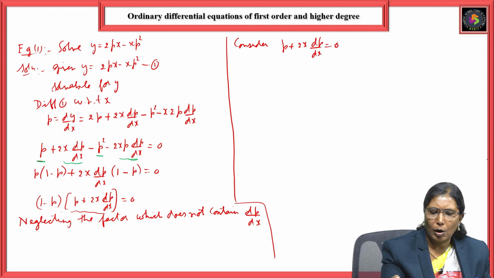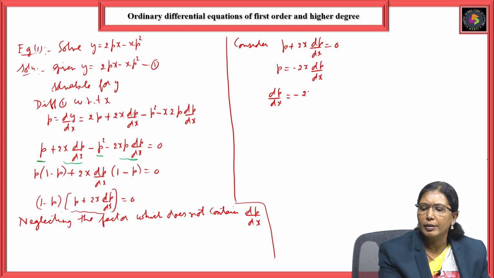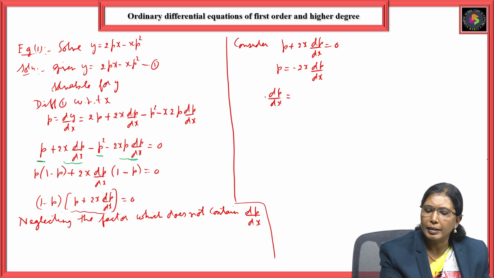Okay. So what must you do now? You should solve this. You can solve this by variable separable. So p is equal to minus 2x dp by dx. So dp by dx is equal to minus p by 2x. Cross multiply: 2 dp by p is equal to minus dx by x.